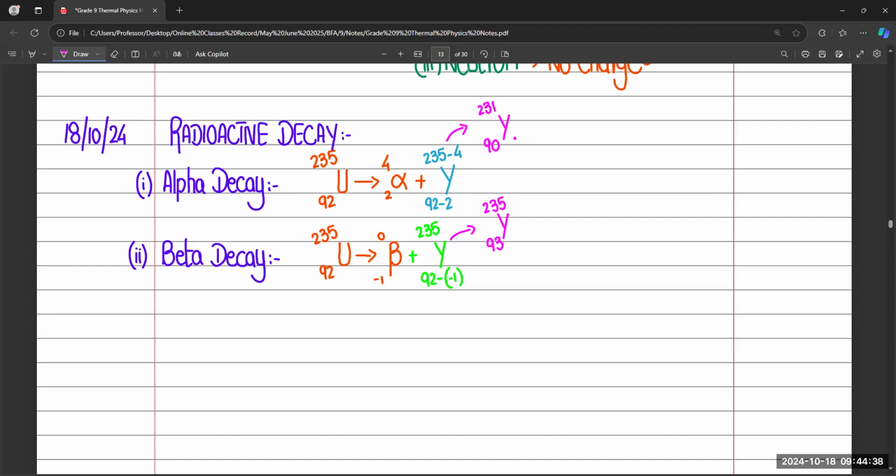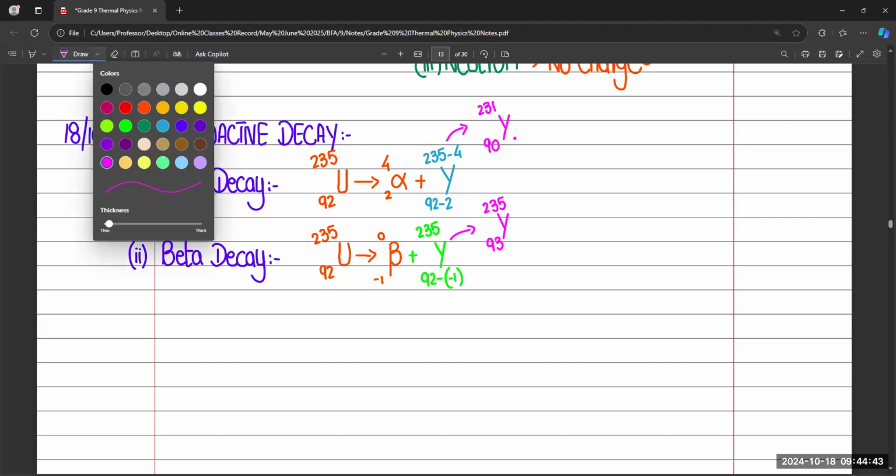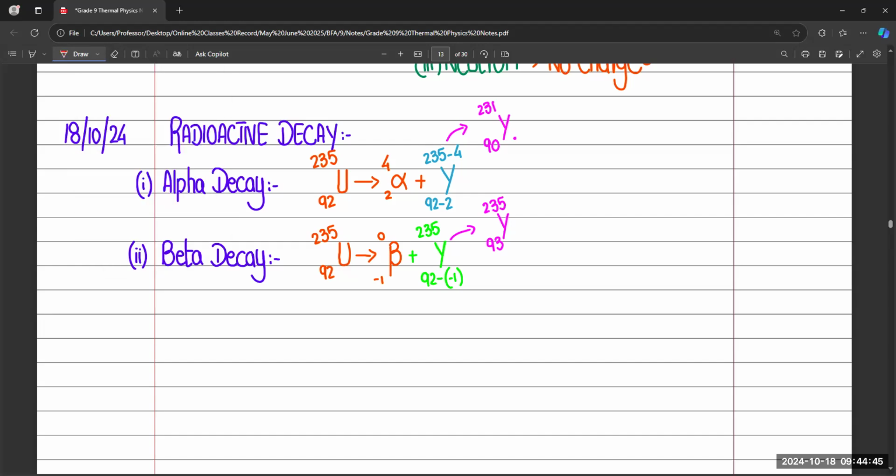Okay, so in this situation एक सिंपल सा प्रोसेस आपने याद रखना है, बिकॉज दे आस्क क्वेश्चन इन पास्ट पेपर्स रिलेटेड टू बीटा डिके स्पेशली। इन बीटा डिके व्हाट हैपेंस दैट वन न्यूट्रॉन, you can see now neutron is less as compared to initial। पहले 92 प्रोटॉन थे और 235 minus 92 will be the number of neutrons, but in final result we have 93 protons, right?